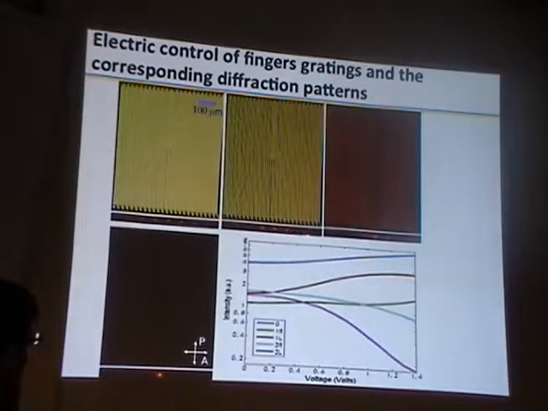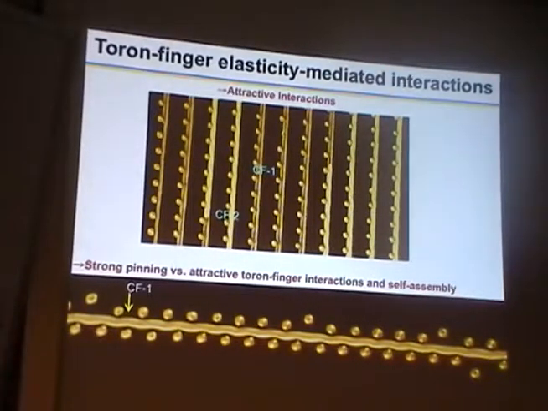Here are examples of diffraction patterns that change as you apply voltage, and you can see how the different minima and the intensities of different diffracted order beams, first right and left, second right and left, change as a function of the applied voltage.